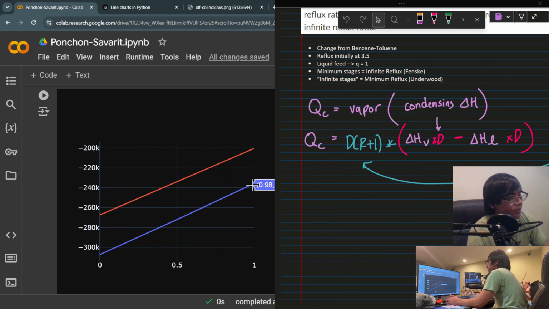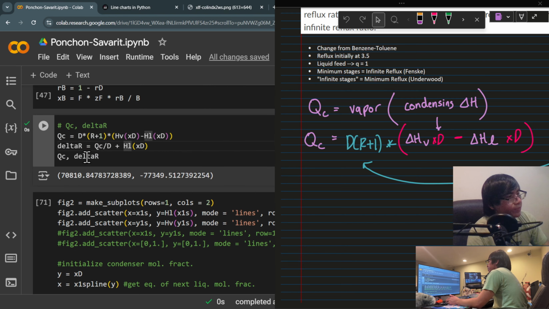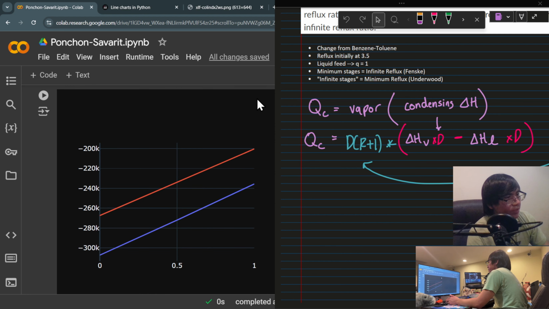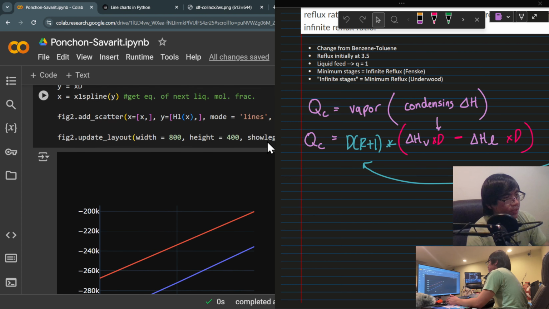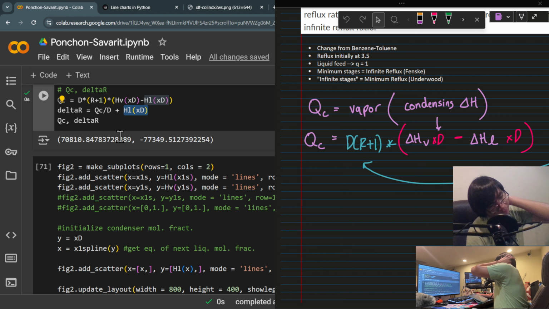Sorry, 200,000, and then we are dividing by distillate. So essentially the difference point is a very big number, but it is higher above here. The power of the difference point is associating the amount of power we are taking out with a condenser in this case, with the distillate we're taking out. It's a ratio between the two, so that's joules per mole. And then obviously this is also another enthalpy, joules per mole.